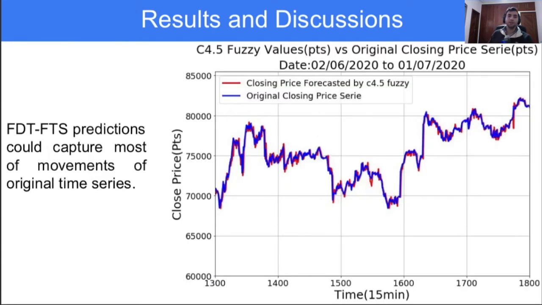Now here we can see that the FDT-FTS predictions could capture most of the movements of the original time series. The red line represents the closing price forecasted by the C4.5 fuzzy decision tree. And look at the original closing price time series on the blue line.